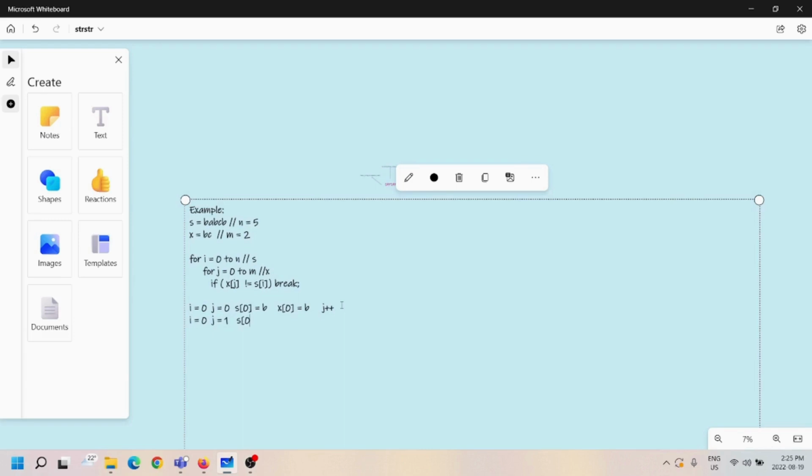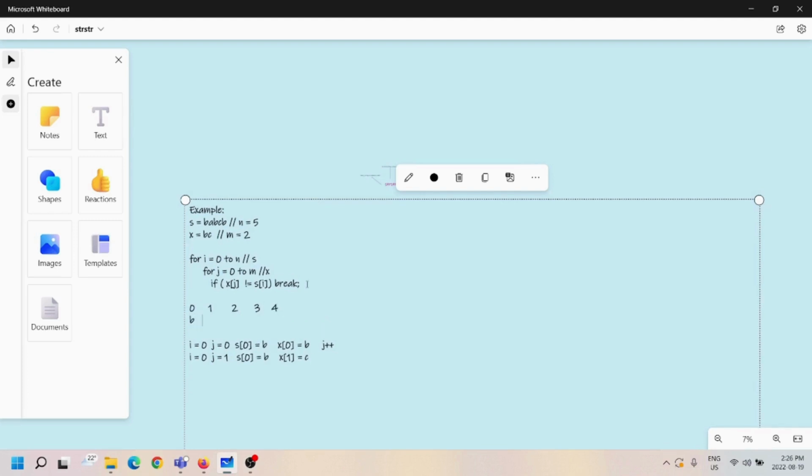Now s is still at the 0th location, and we are matching x of 1, and this is going to be c. Now do you see there is a problem with this particular iteration? Let me write it more clearly here: we have indices 0, 1, 2, 3, 4.